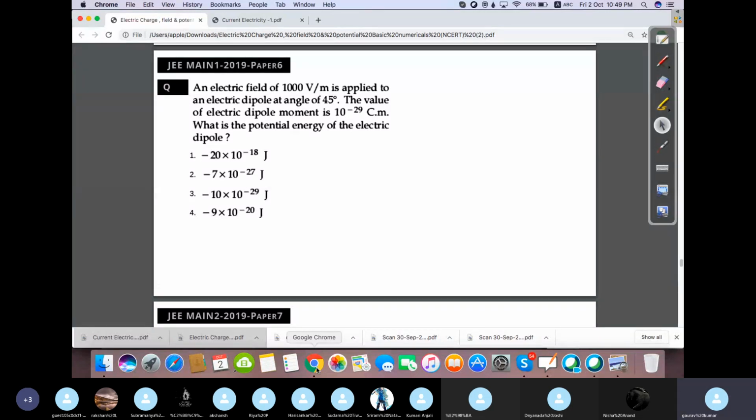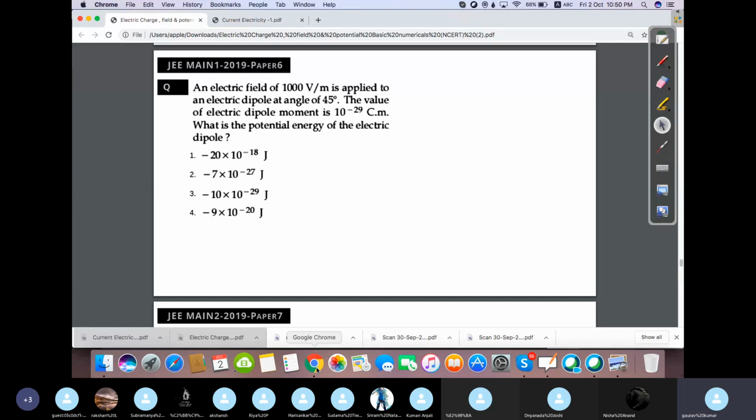You all can give the answer for this question. सबको बताओ इसका आंसर क्या है, जल्दी बताओ. चलो बहुत लोगों ने इसका आंसर भी दिया अभी तक.